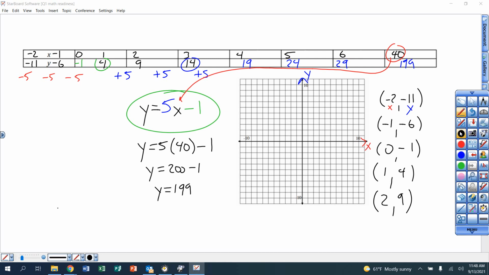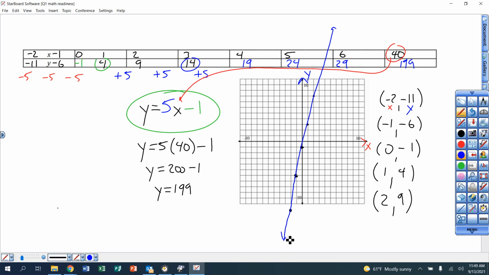So plot them. -2, down 11 would be down here. -1, down 6. 1, 2, 3, 4, 5, 6. 0, -1. Over 1, up 4. Over 2, up 9. If I draw that, each point should be following that pattern. Over 1, up 5.